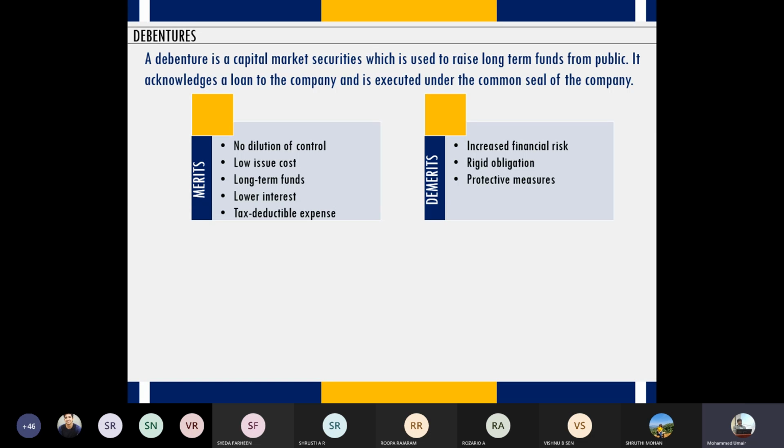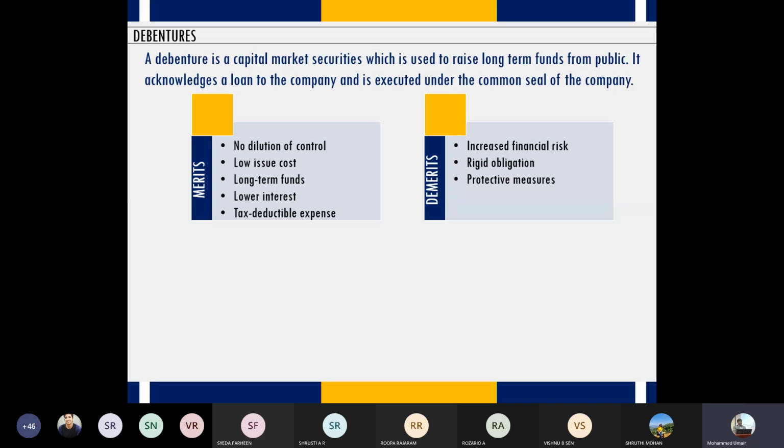For example, let's say a company has EBIT, also known as operating profit, of 50 lakhs, and the interest payable is 55 lakhs or more than 50 lakhs. Then the company is said to be facing financial risk. That means the company does not have sufficient profits to meet its debt obligation. As a result, the company may not be in a position to pay interest.